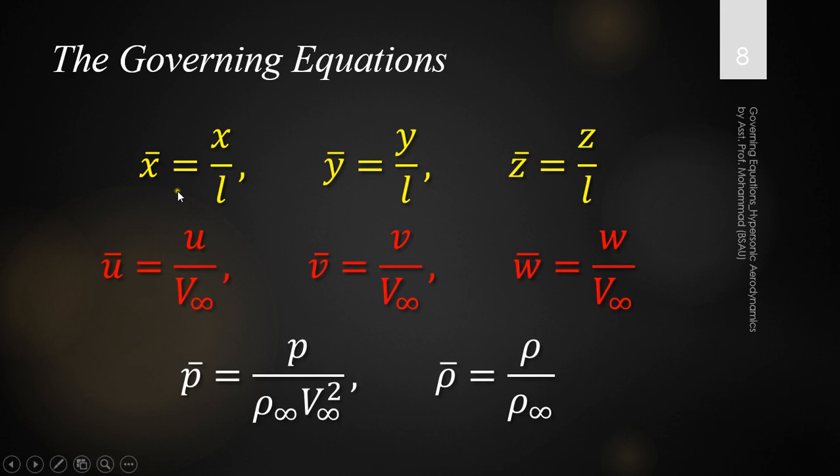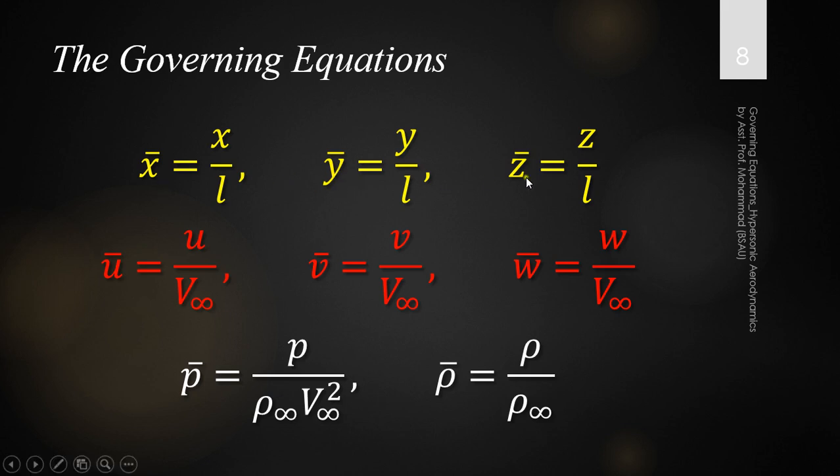For non-dimensionalizing the length in the flow field in the x, y, and z directions, we use L. L is the length of the body under consideration. So x divided by L becomes x bar, the non-dimensional length in the x direction.